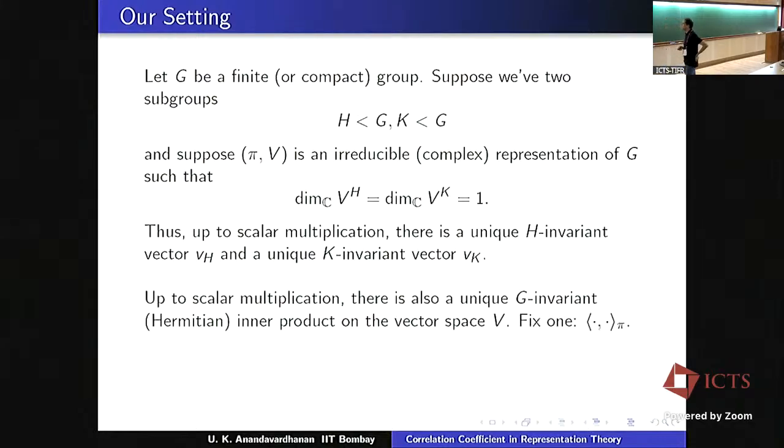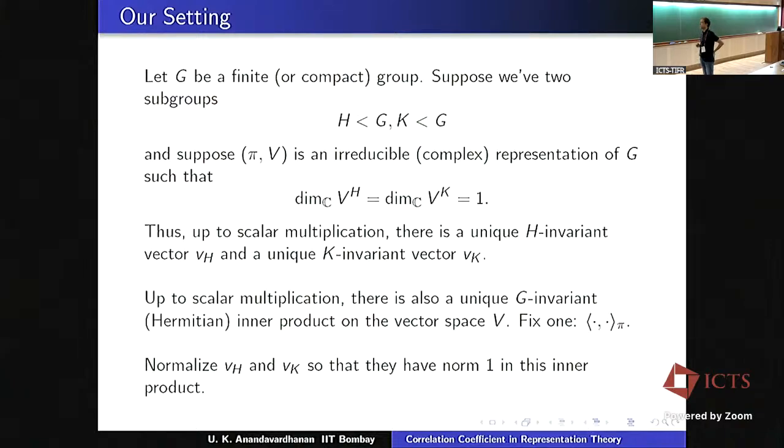So fix one and normalize VH and VK so that they have norm 1 in this inner product. So now any two such VH differ by a scalar of absolute value 1. And the absolute value will not matter because whatever I'm going to define, I'm going to take an absolute value. So those things won't matter. Okay, so normalize VH and VK. So these are fixed vectors of unit norm. So this is the setting.